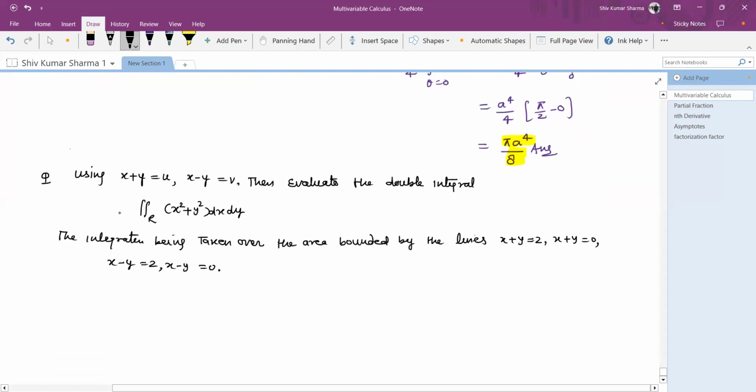So here we convert this xy, meaning Cartesian form, into another form that is called uv form. So the relation is given.